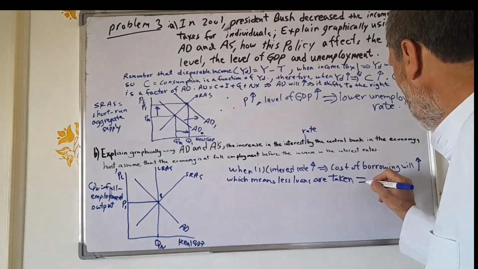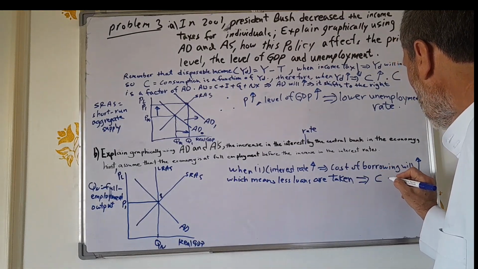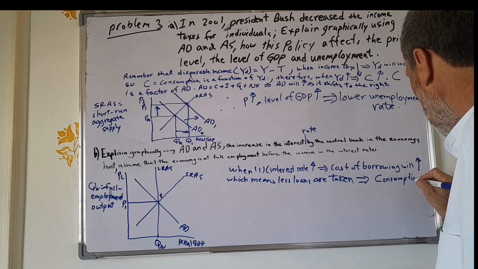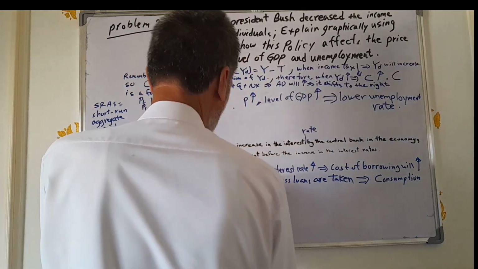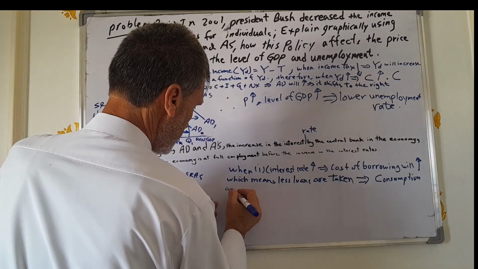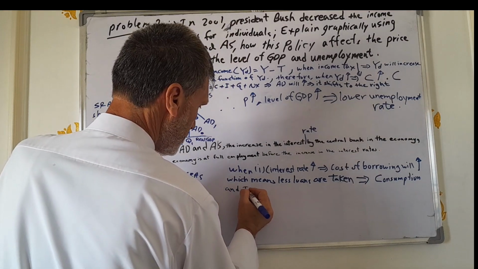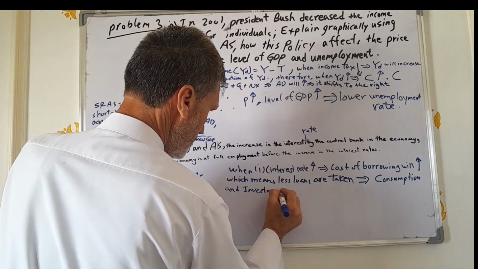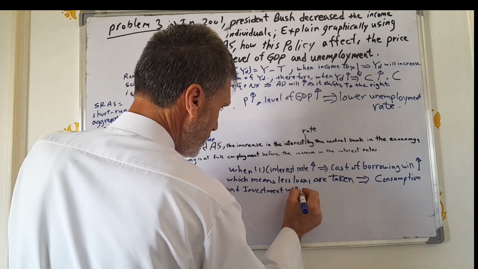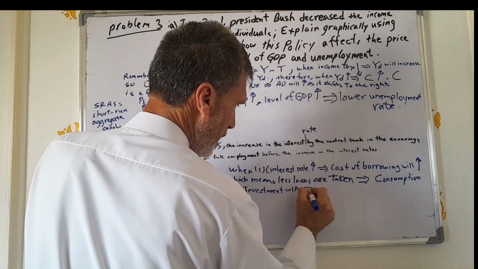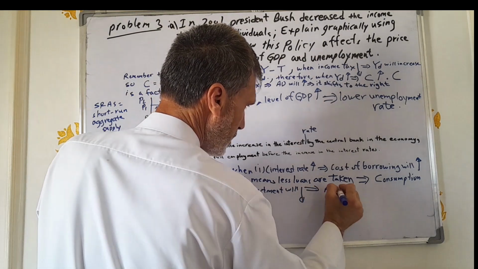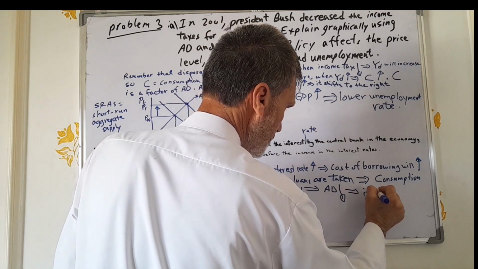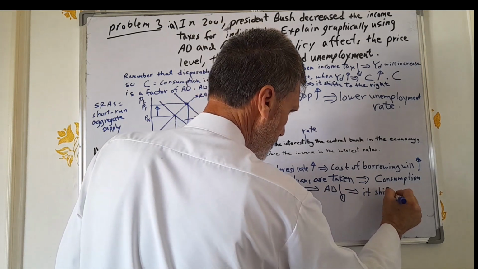That implies consumption, C, and investment will decrease, which implies aggregate demand will decrease. That implies it shifts to the left.